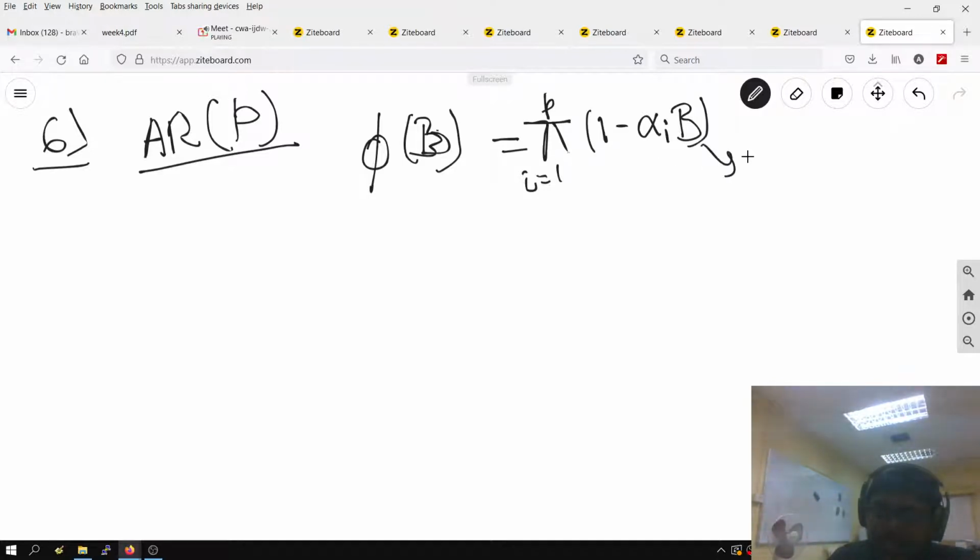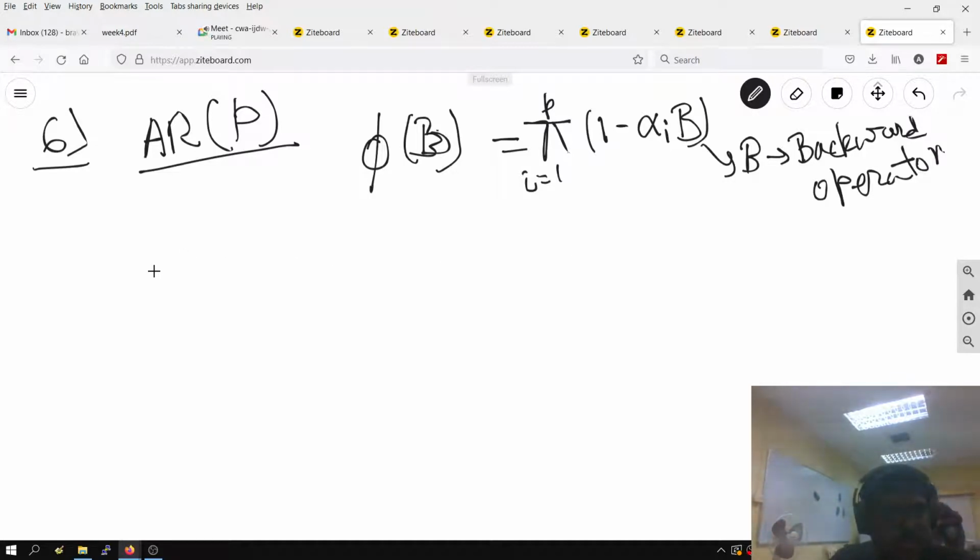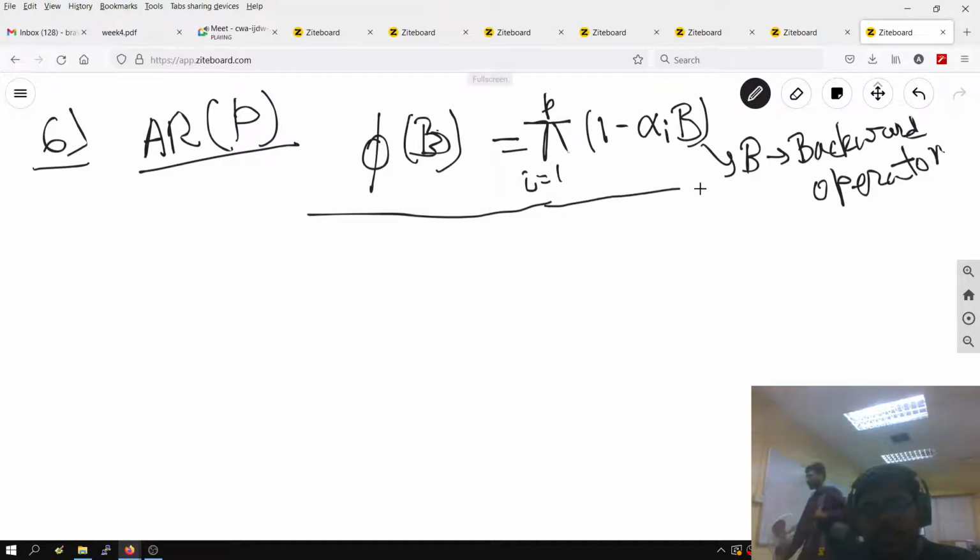So what is B here? It is the backward operator. So the question is, which of the given values can alpha_i take?